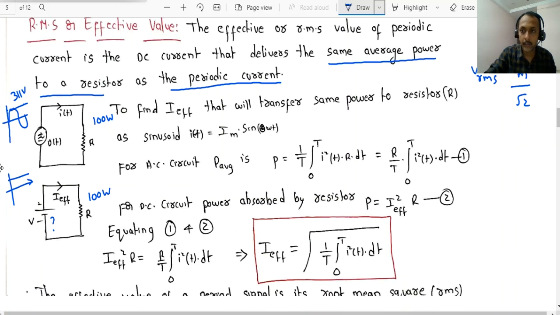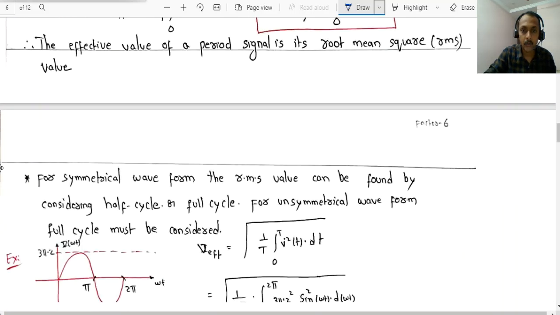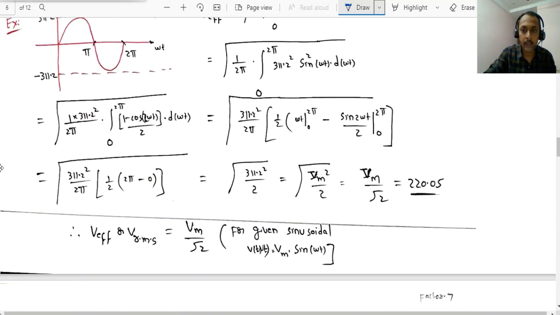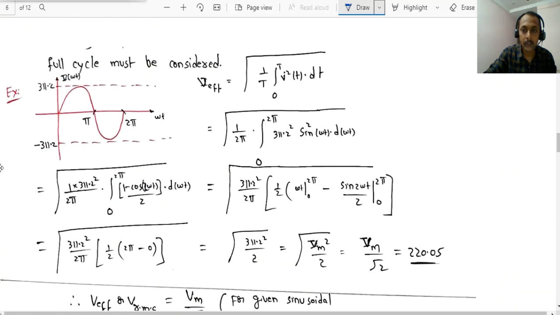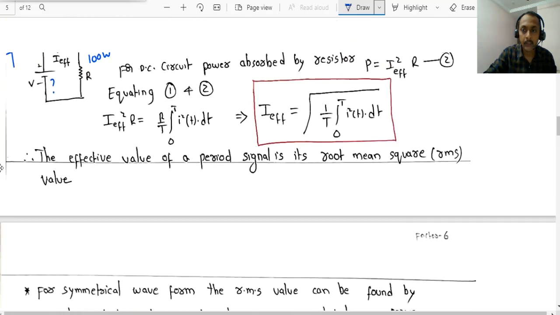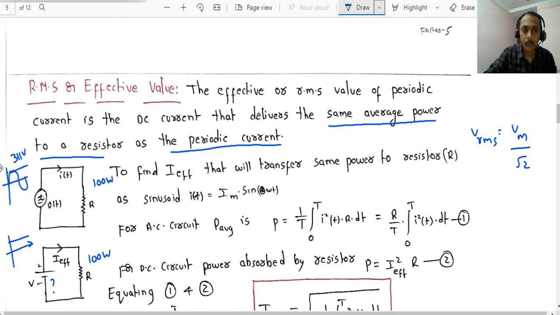After doing all the derivation, we will see that the RMS value for a sinusoid is Vm by root 2. Its meaning is, by simply applying 220 volts DC here, you will get the same effect as a sinusoidal of 311 volts peak value.